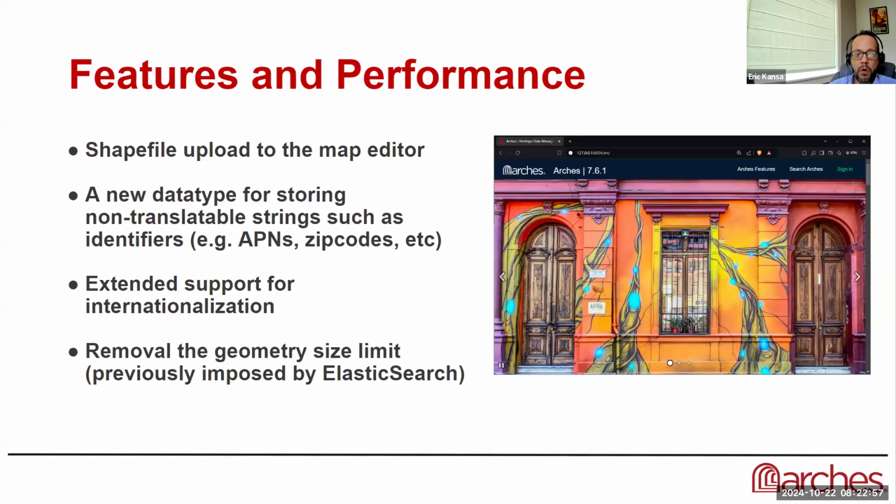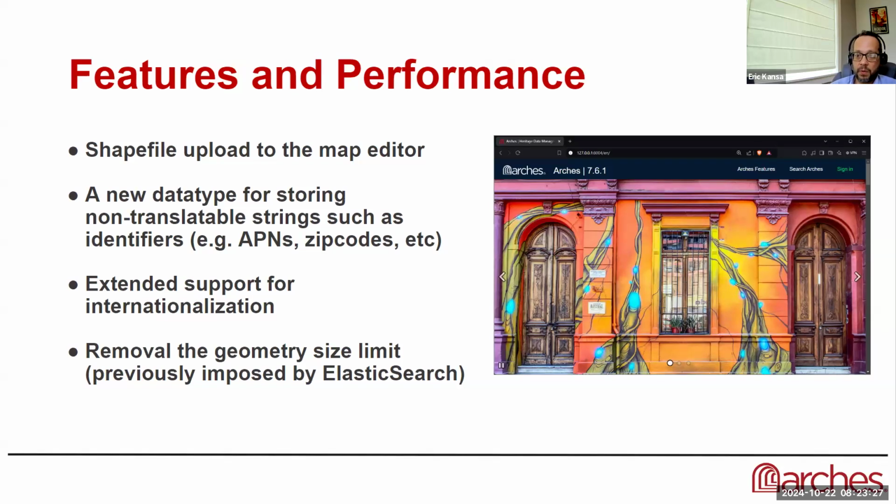Okay, a few other things to look at. There's some features to think about. There is now a capability to upload shapefiles directly into the map editor. And so this is important because lots of information that is managed in the cultural heritage sector and beyond is going to be managed in tools like Esri ArcGIS, and their native format is the shapefile.